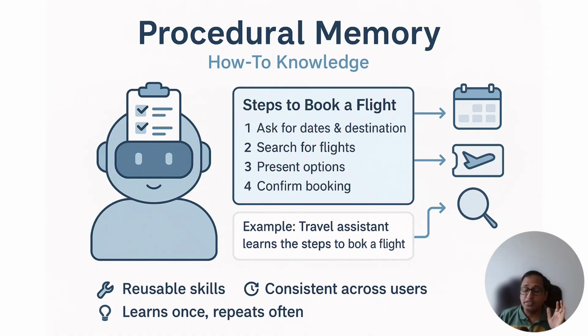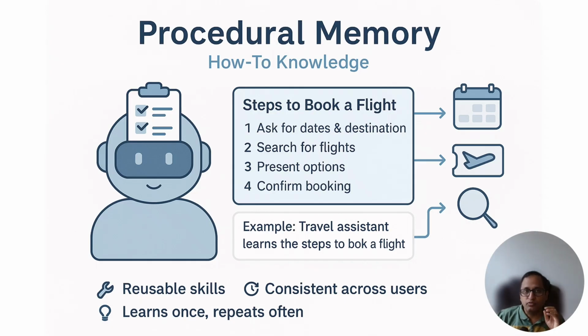This is different from other types of memory because it is action oriented and repeatable. Once the agent has learned the procedure, it can reuse those steps again and again in future interactions. So procedural memory is like a toolbox of reusable skills. It's consistent across users. It is not a user-specific type of memory.